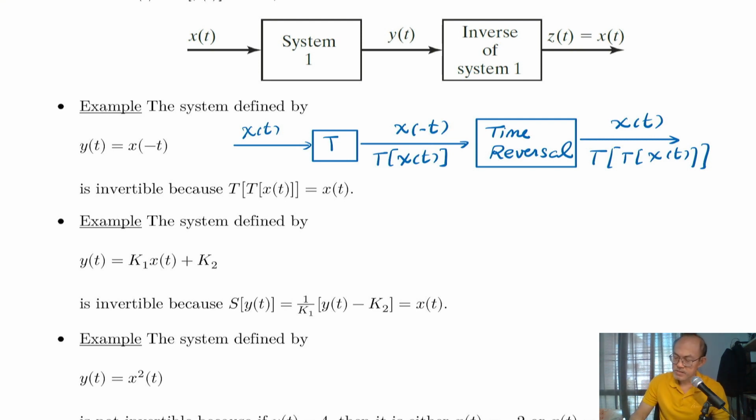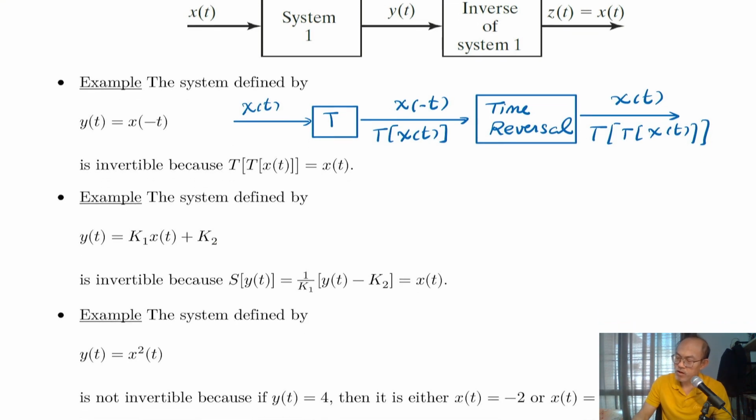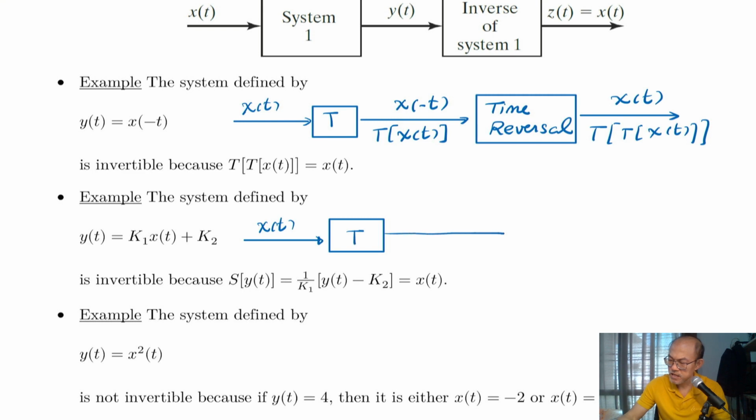Another example is a system defined by this equation, where k1 and k2 are constants. If you apply the signal x to this system, your output will be the constant k1 multiplied by x, with the result added to k2. So you have x here, your system T, and the output y here.